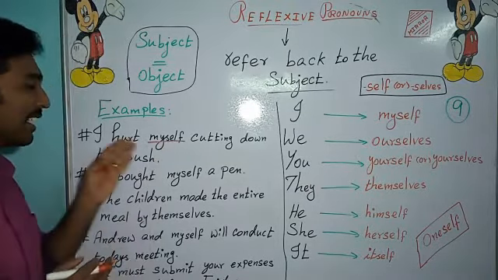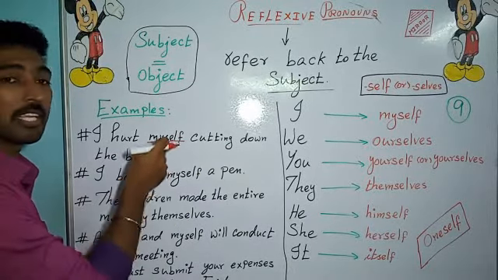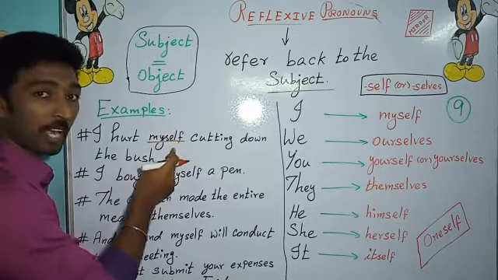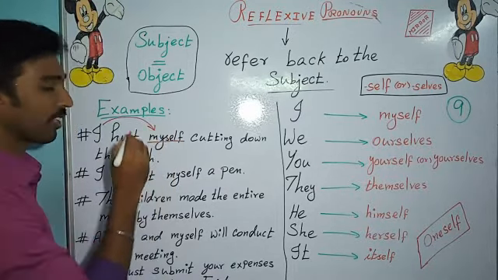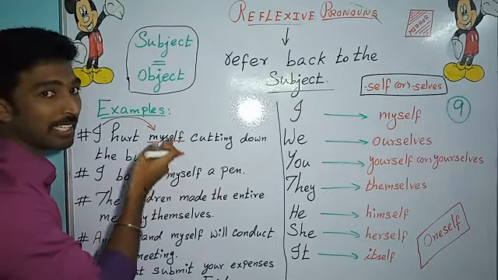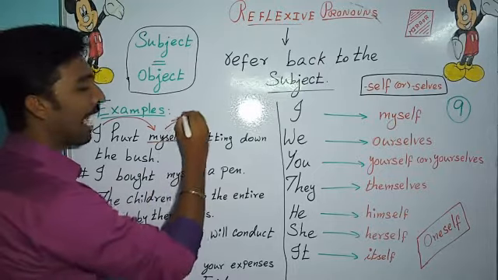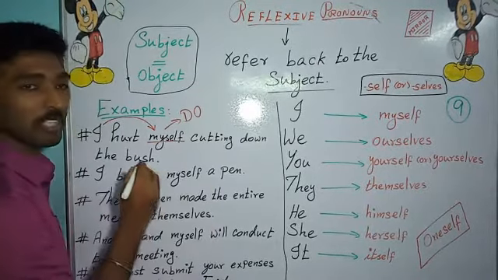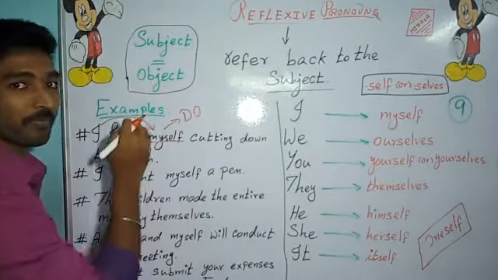Myself. Myself is the reflexive pronoun here and it reflects the subject I in the object position. Here the word myself is a direct object.